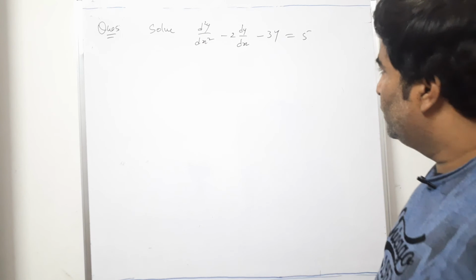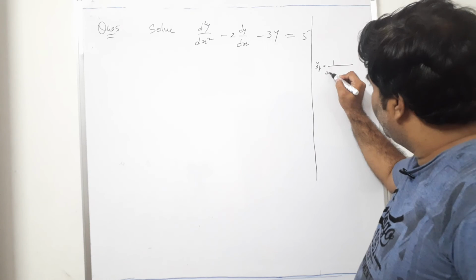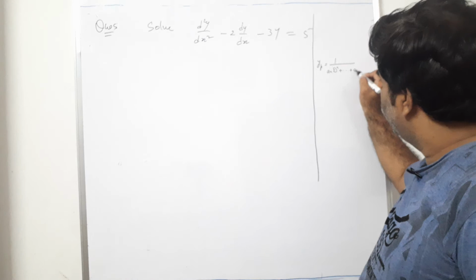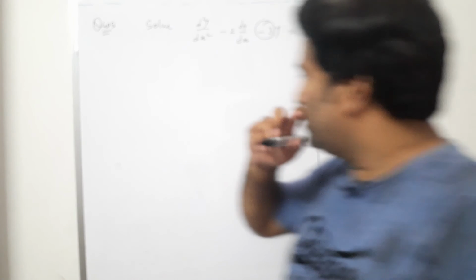So if we have an operator of the form an Dⁿ + and so on + a0, and here we have some constant k, then directly you can write yp as k upon a0. Here a0 is −3, so the particular solution will be 5 upon −3.